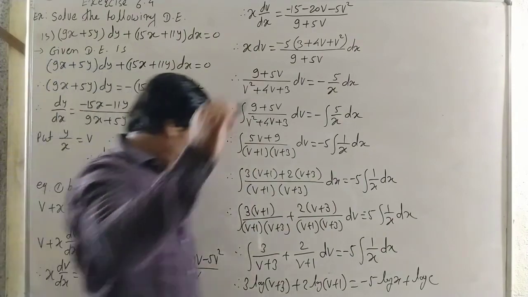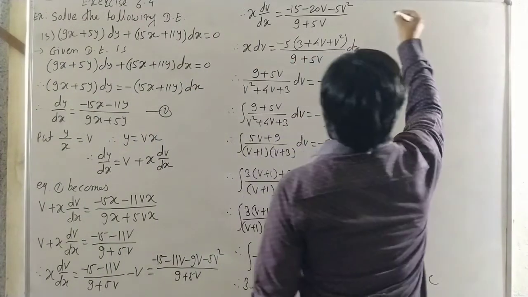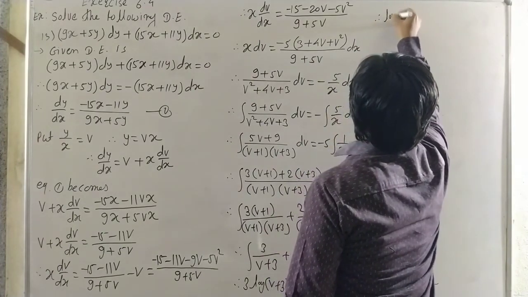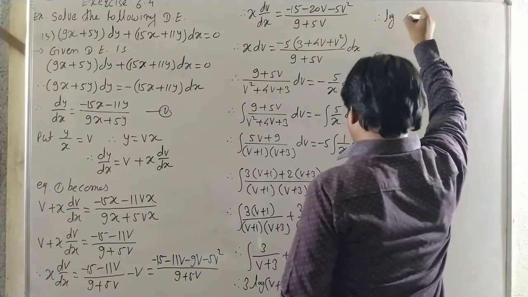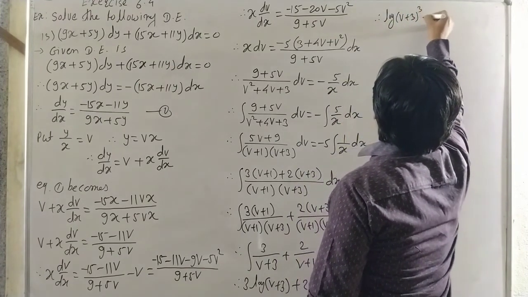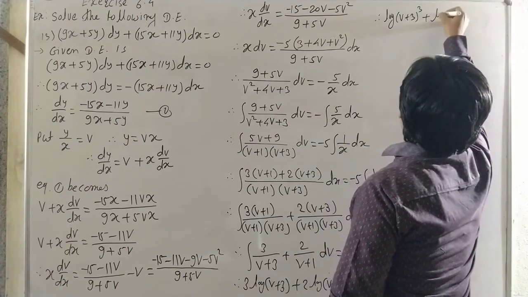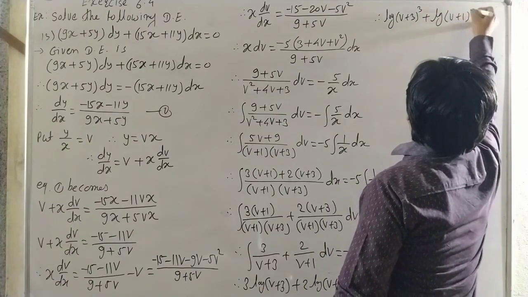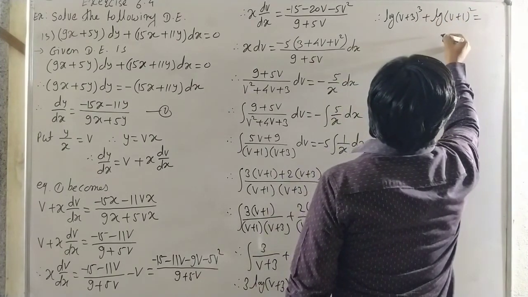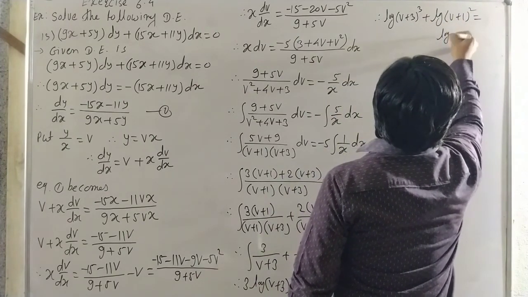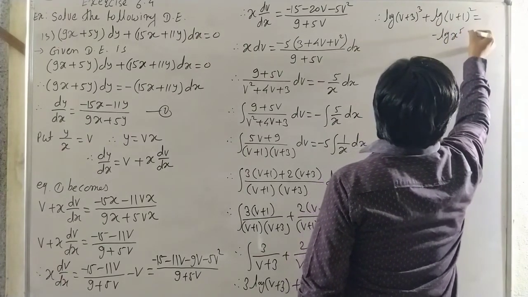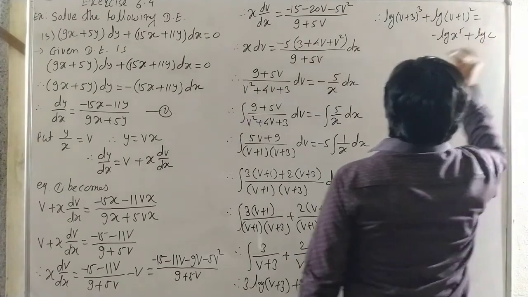Then we use the property of logarithm. Therefore it is log of φ + 3 cube plus log of φ + 1 square is equal to minus log x to the power 5 plus log c.